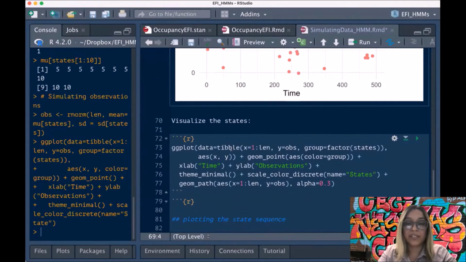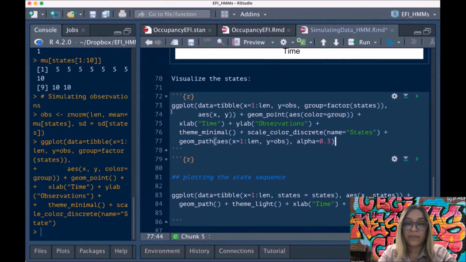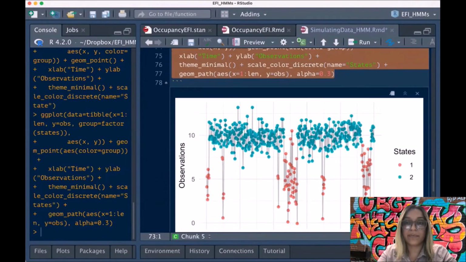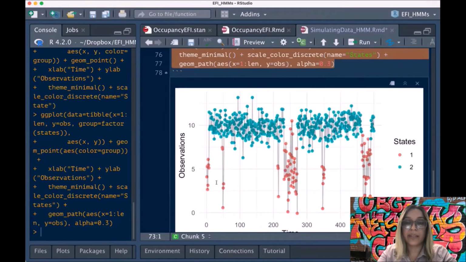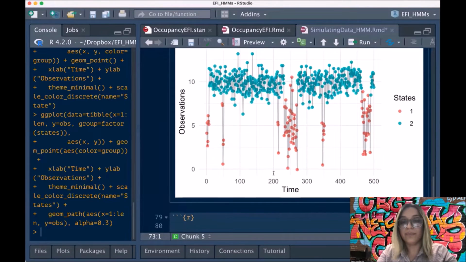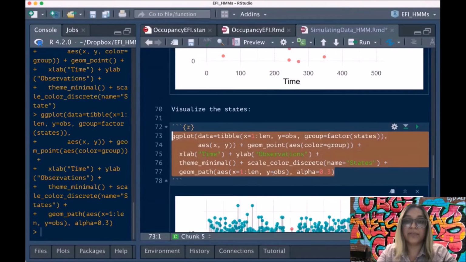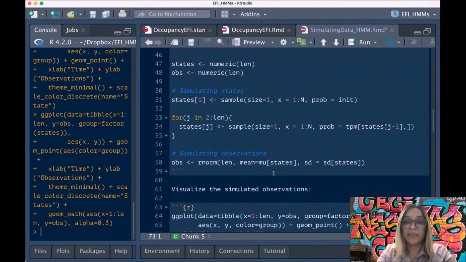You can also visualize the states. So we have the observation process. We can connect it with the line, our time series data. And what I would encourage you to do is to modify.